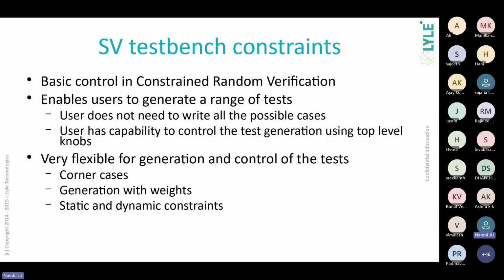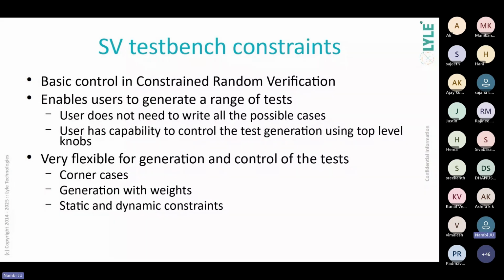It will enable you to quickly generate corner cases. You can control what kind of tests you want to generate by providing weights. And you can also provide either static or dynamic constraints, which will enable you to generate a set of tests which are constrained statically, or you can dynamically change the constraint based on what was generated.